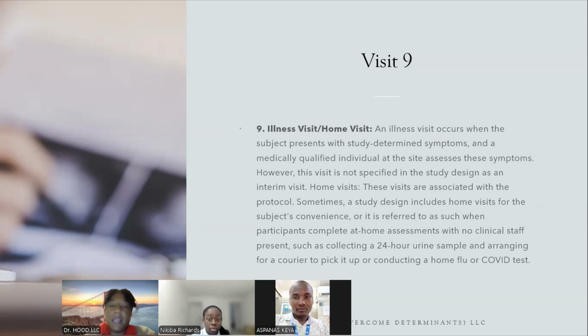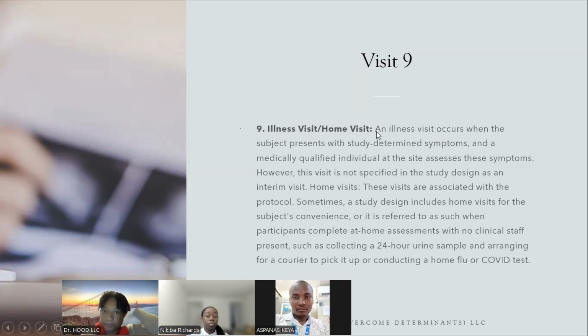So, again, 9 times out of 10, you won't have this visit type, but if you do, this is what an illness visit is. If they're studying a particular indication that they want you to bring the patient back if they have exhibited those symptoms, you need to follow the protocol, whatever window that is.